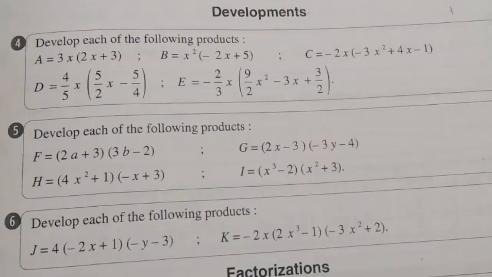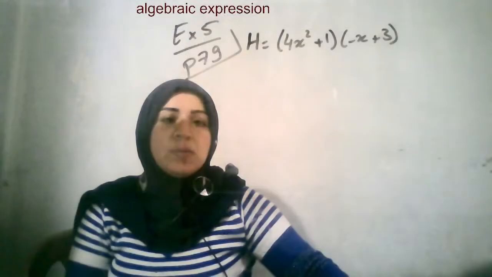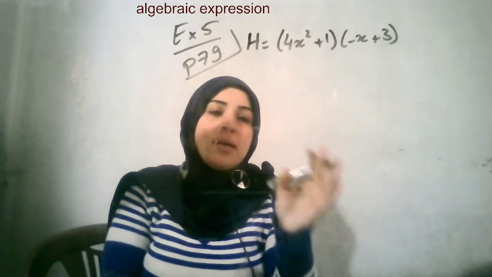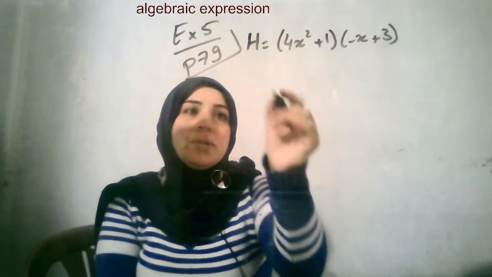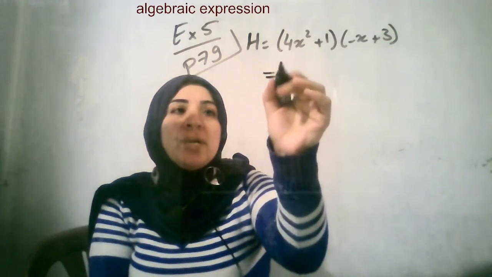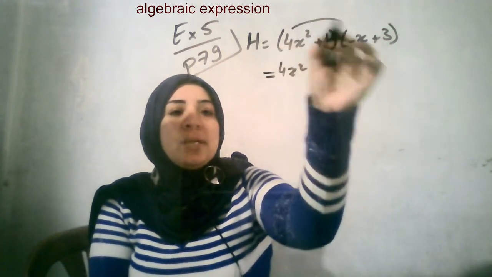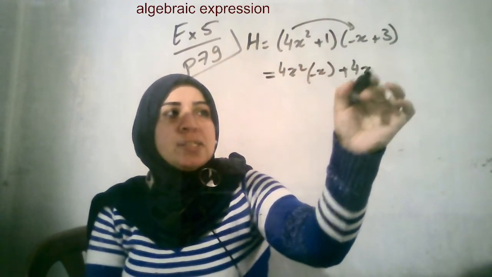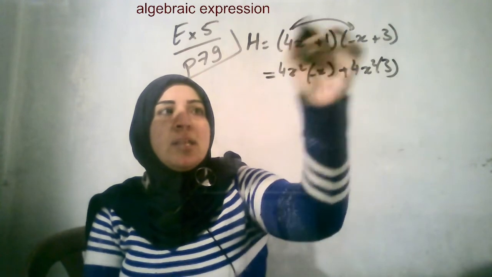Next part. H equal 4x squared plus 1 multiplied by minus x plus 3. The same idea is applied always when we develop or expand. 4x squared multiplied by minus x, and then plus 4x squared multiplied by 3.